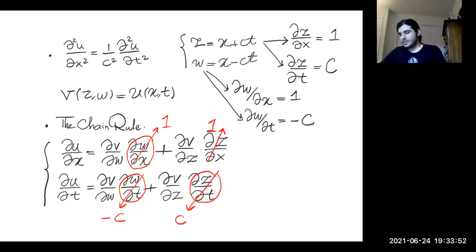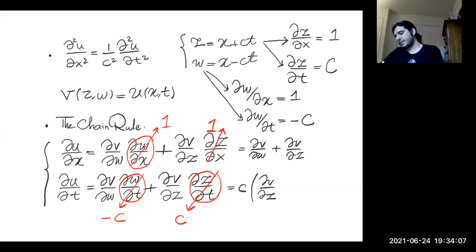So it is just the derivative of v with respect to w plus the derivative of v with respect to z. The other one has c, and we can factor c: the derivative of v with respect to z minus the derivative of v with respect to w.